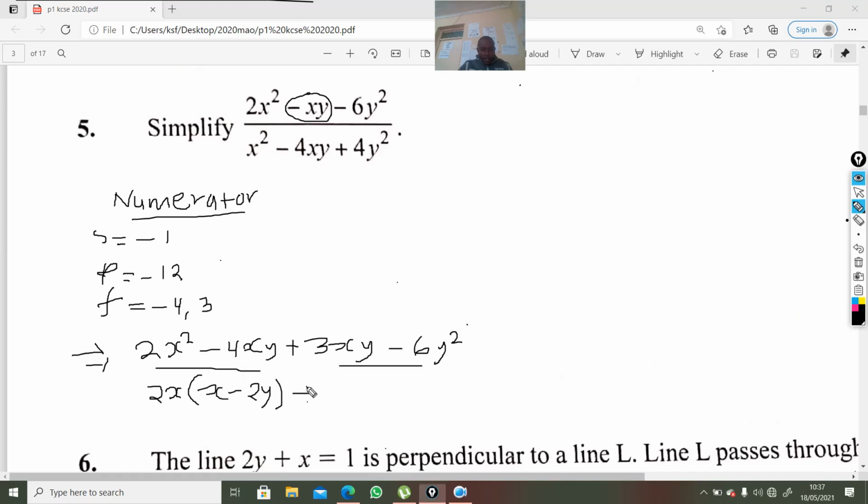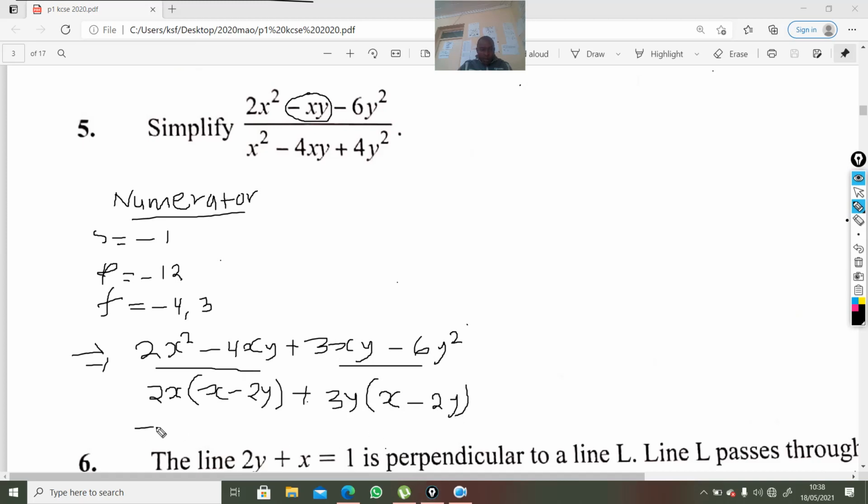Then plus, here the common factor is 3 and y. Into brackets, it must be similar as this, so 3y remains x, minus 3 comes here 2, and the y goes there 2y.